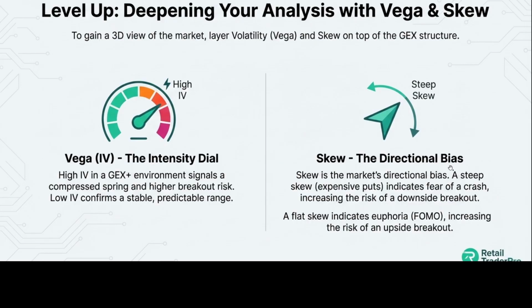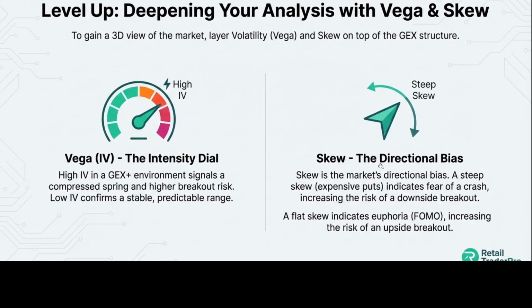I'm not going to speak about this because these are the Greeks, some of the important Greeks for options trading. But I'm speaking about volatility, that is the intensity. Remember that 15 to 20 is higher volatility, and your stop has to be higher than normal.